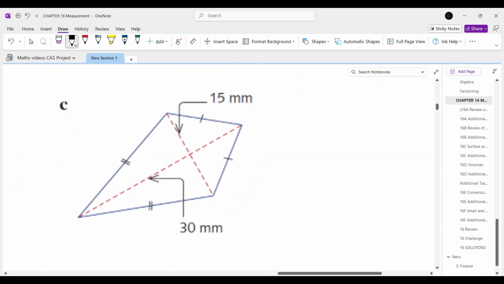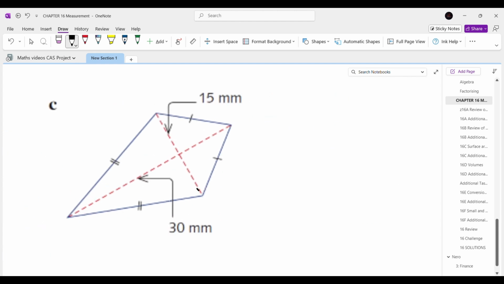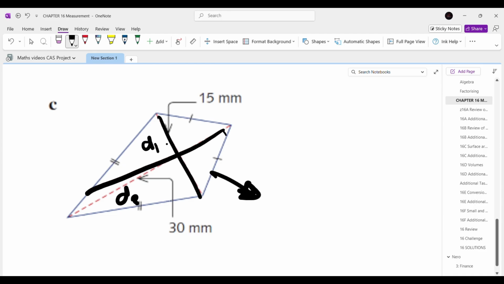Now, finally, we're going to try and find the area of this kite. Remember that the formula for area of a kite is just half times the two internal diagonals d1 and d2. So what we're going to do here is we're just going to do half multiplied by 15 times 30.